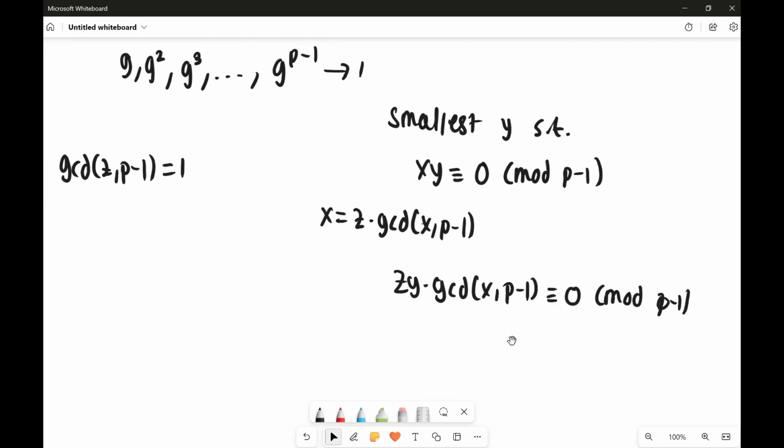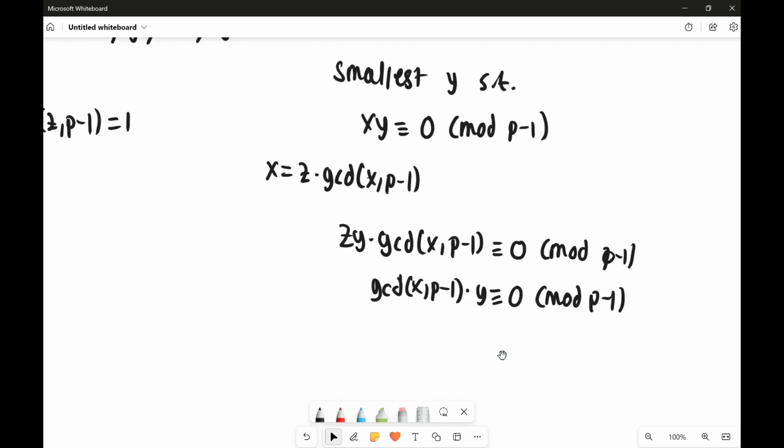And dividing both sides by z, we can do that since it's relatively prime. We get GCD of x and p minus 1 times y is equivalent to 0 mod p minus 1. So now what? Well, we now know that this has all prime factors of p minus 1.